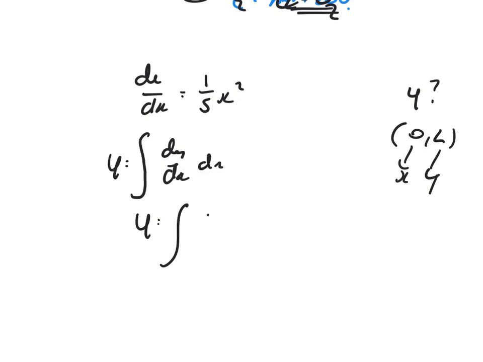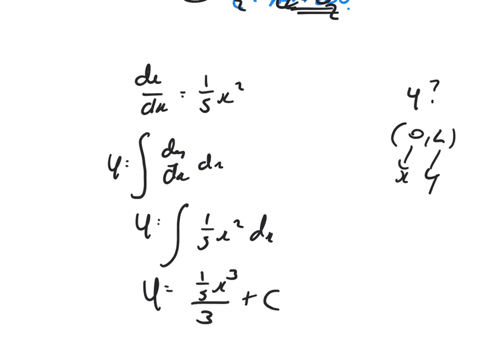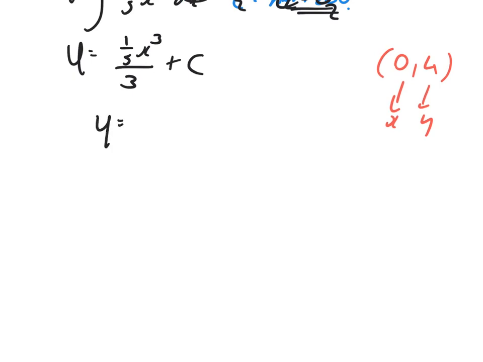That is the integral of 1/5 x squared. So add 1 to the power, divide by my new power. That's 1/5 x cubed divided by 3 plus c. Okay, so 1/5 divided by 3 will give me a 15th, so that's 1/15 x cubed plus c. Y is equal to 1/15 x cubed plus c.